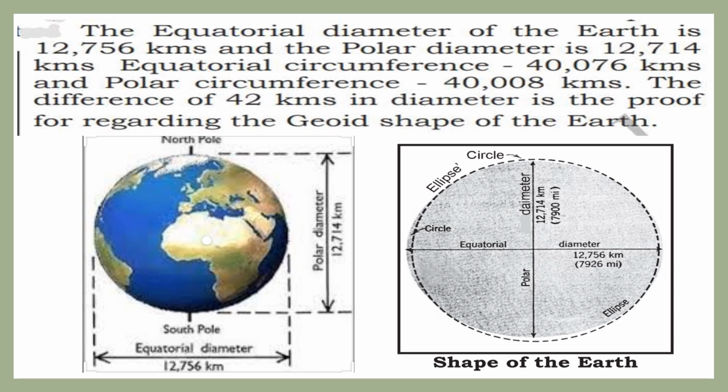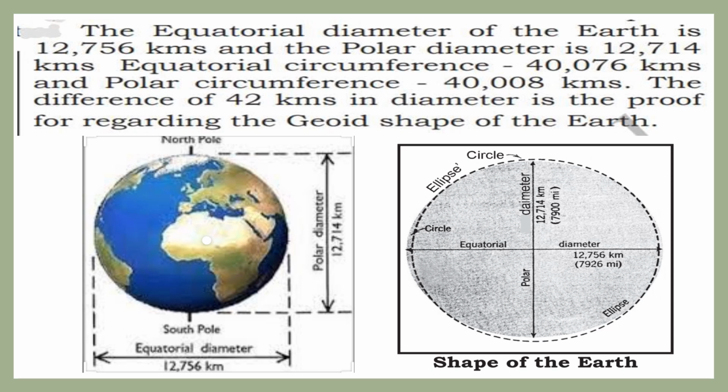The equatorial diameter of the earth is 12,756 kilometers and the polar diameter is 12,714 kilometers. Equatorial circumference, meaning outline or boundary, is 40,076 kilometers and the polar circumference is 40,008 kilometers.